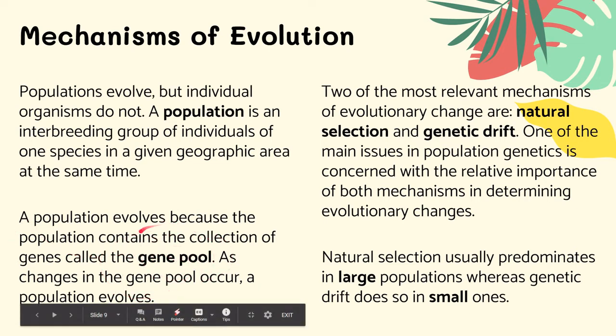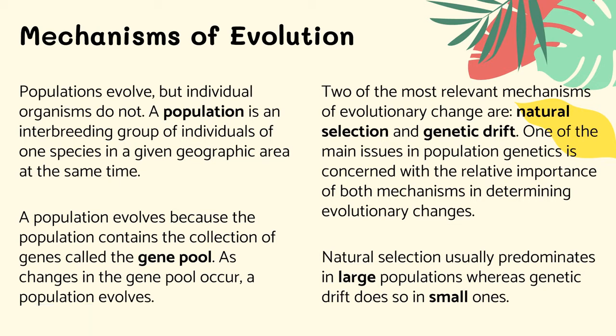Okay, so those are the collection of the genes of that population. So as changes in the gene pool of the population occur, the population can also evolve. Okay, and we've discussed in the central dogma of molecular biology how small changes in the DNA can actually alter the expressed proteins, amino acids, and proteins of the cell.